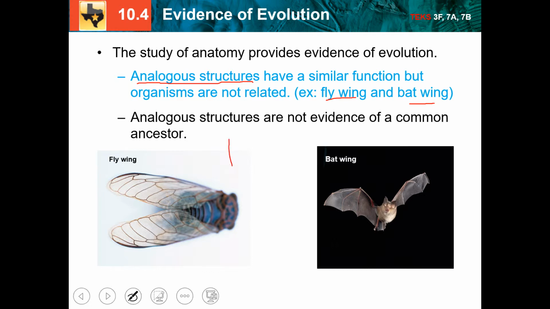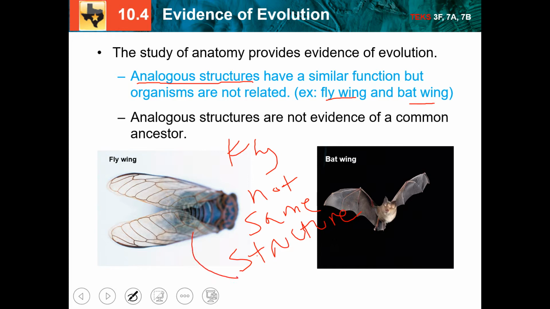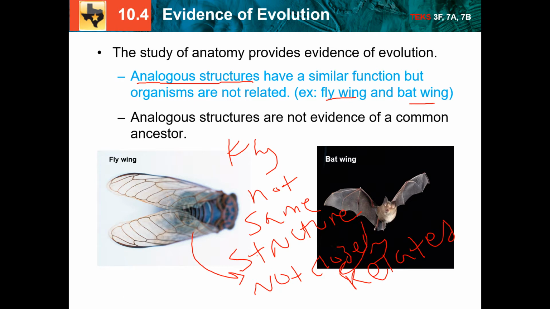They both use these to fly. However, they have similar function, but not the same structure, meaning that these two are not closely related. So similar function, but not the same structure is going to be analogous.